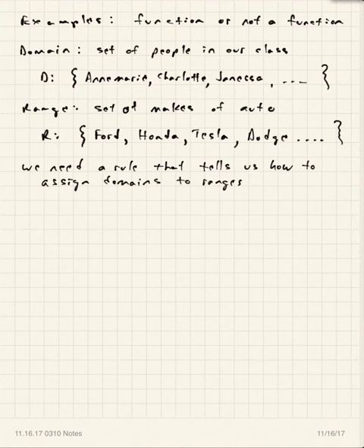All right, so how do we take a domain element and assign it to a range element? What we're going to do is talk about several rules here, and look at whether these rules satisfy the definition for a function. So rule 1, this is going to tell us how to make the assignment.